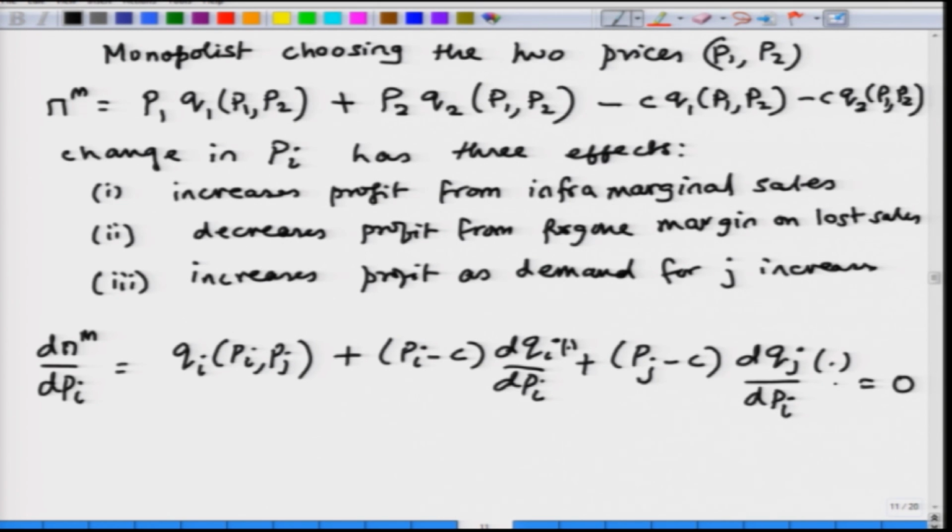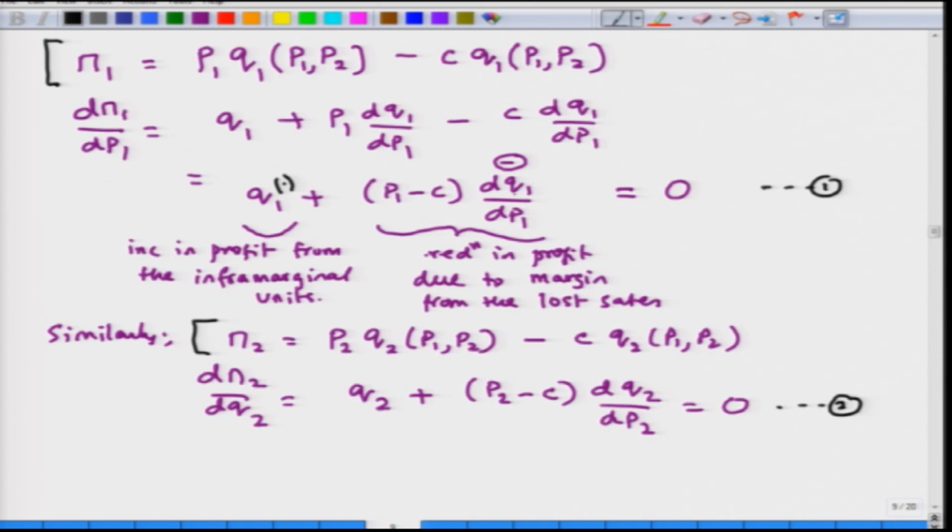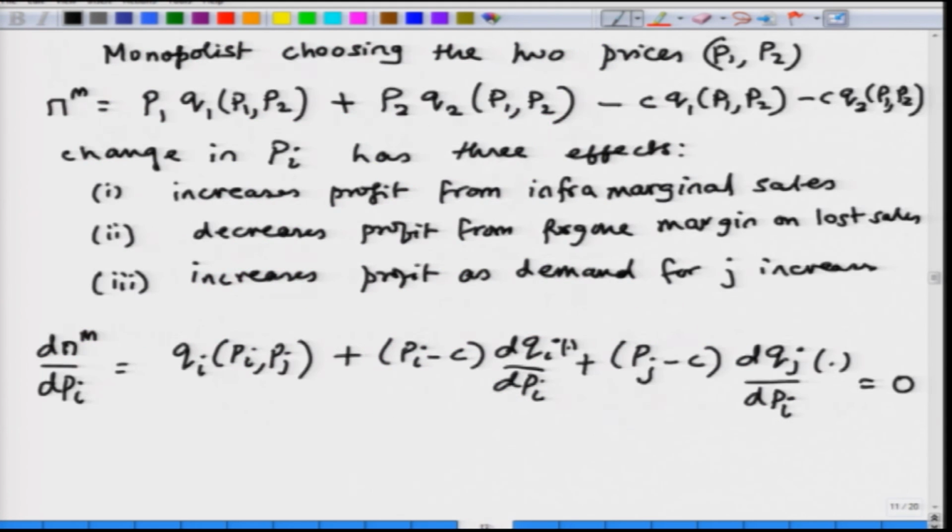So, now notice there are 3 terms compared to the 2 terms that I had earlier. This is the inframarginal units, this is the foregone margin from the lost sales, and this is the increase in profit due to the demand for firm 2 increasing. So, this expression obviously is positive.